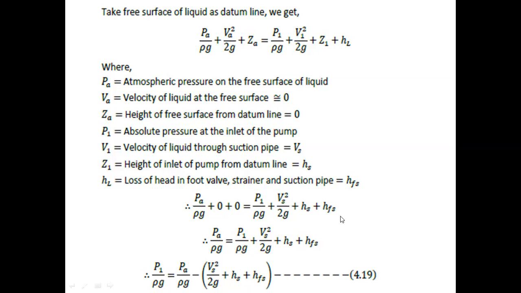So PA upon rho g plus 0 plus 0 equals P1 upon rho g plus Vs square upon 2g plus Hs plus HFS.